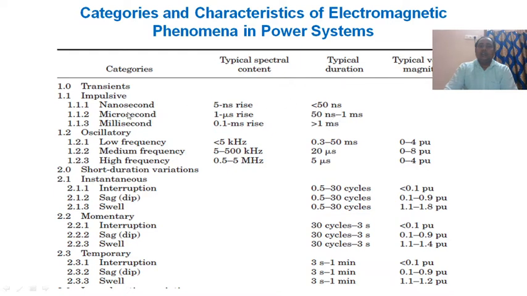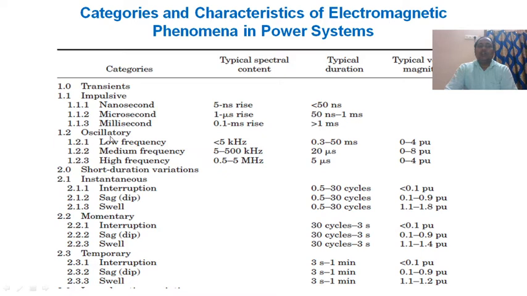For microsecond, a 1 microsecond rise time, the typical duration is 50 nanoseconds to 1 millisecond. For millisecond, a 0.1 millisecond rise time, the typical duration is greater than 1 millisecond.